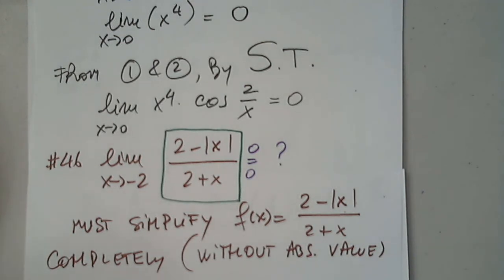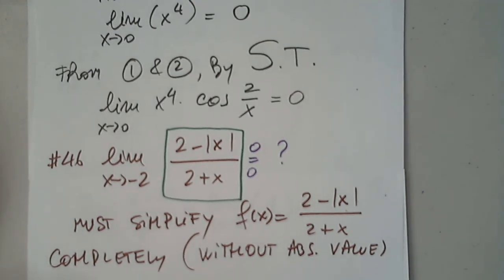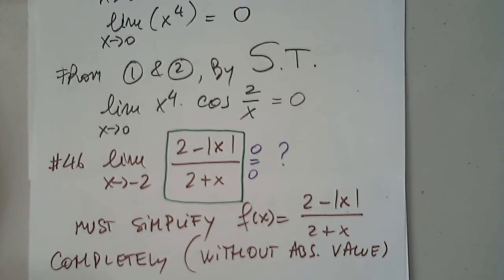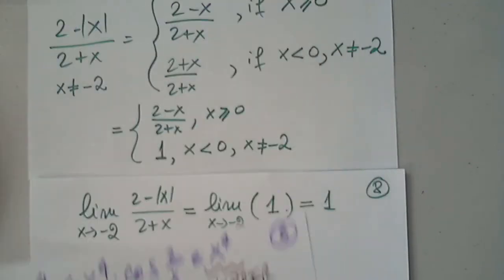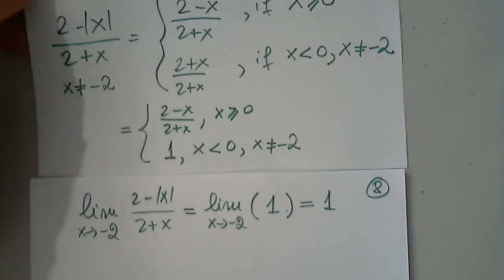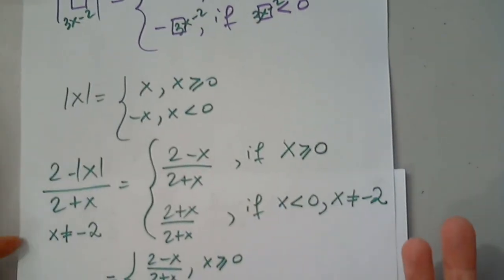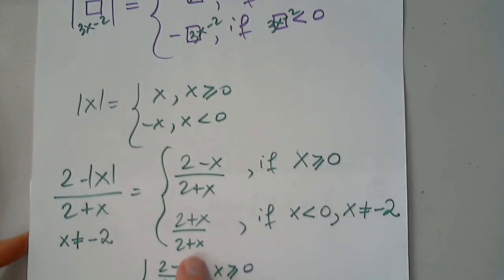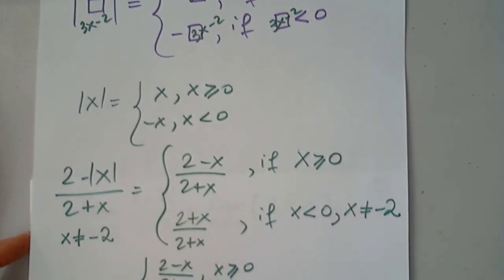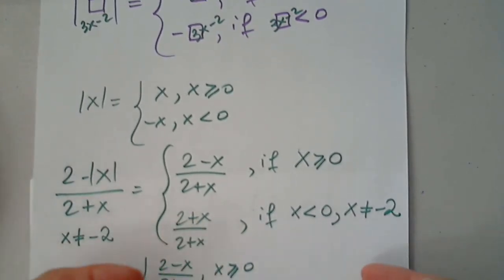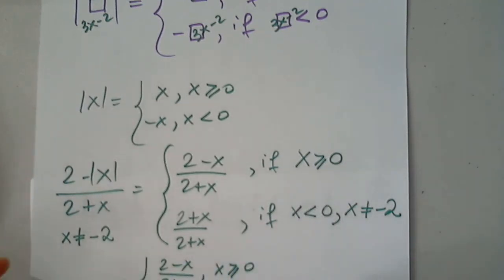You can't simplify, you can't factor, you can't rationalize. Squeeze theorem doesn't work. Nothing works. But now if you simplify the function step by step, then you realize what the limit is all about. So the limit is about this expression, as x approaches -2 from either side. So this other expression doesn't even come into play, because x approaches -2 from either side.